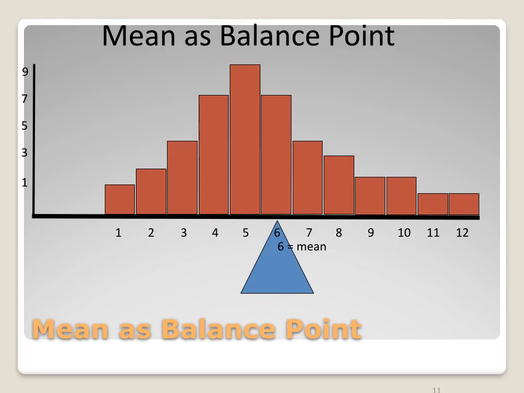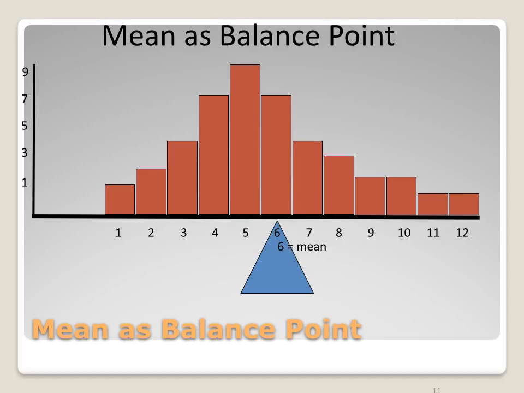The tail of the distribution is pointing to the positive or the right side. So for a positively skewed distribution, our balance point is going to be moved towards that positive direction. The skewed distribution places an imbalance in the frequencies, so we need to balance it, just like a seesaw.